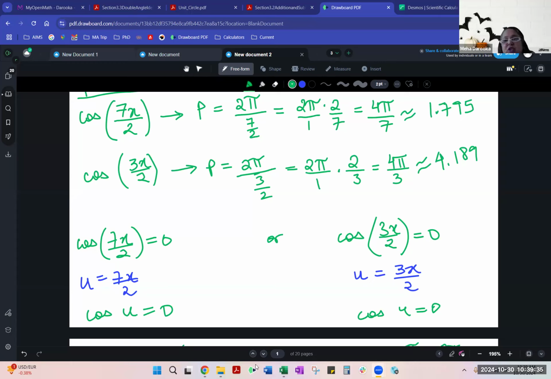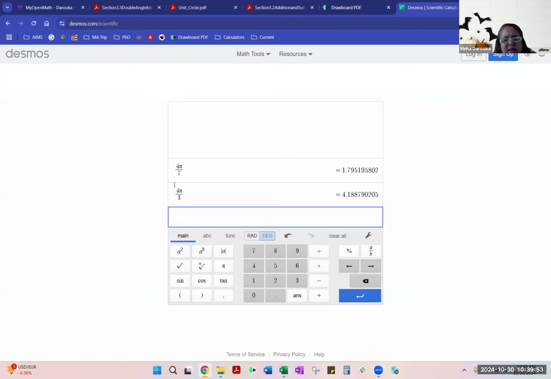Yeah, Musab, very nice. So the second cosine function, cosine of 3x over 2, you can see is going more than just one, well, it's not just within 0 to 2 pi, right? Because remember, you should be able to approximate this, but if you are not sure, you can see when we go from 0 to 2 pi, in a traditional unit circle, we are at about 6.28.